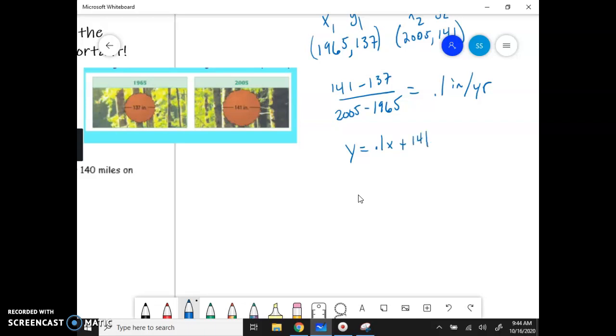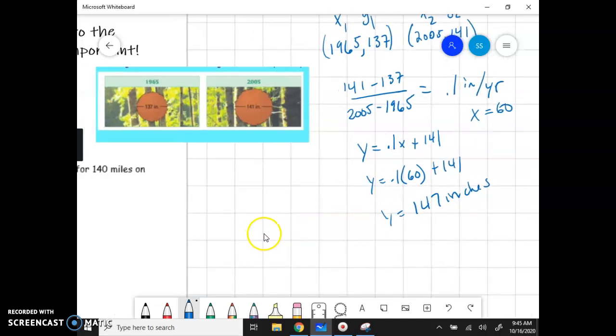Our x is going to be the years from 2005, which would be 60. We get 0.1 times 60 plus 141, and we should get y is equal to 147 inches. So in those 60 years, it will grow 6 inches.